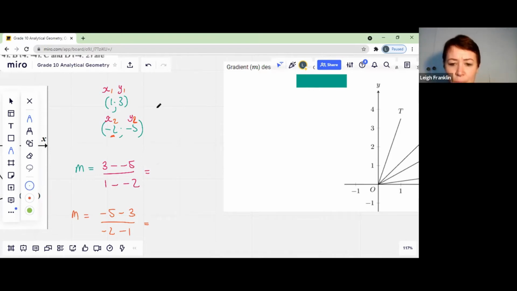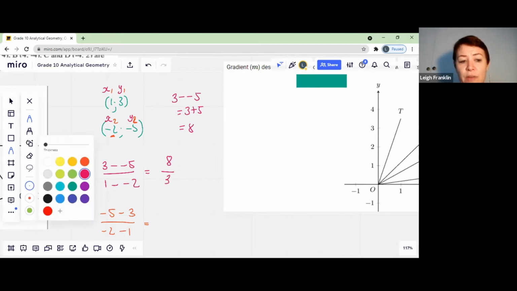Does that make sense to you? So 3 minus -5 becomes 3 plus 5, which would be 8. So I'm going to get 8 at the top. Same thing at the bottom. 1 minus -2 is going to become 1 plus 2, so I'm going to get 3 at the bottom.